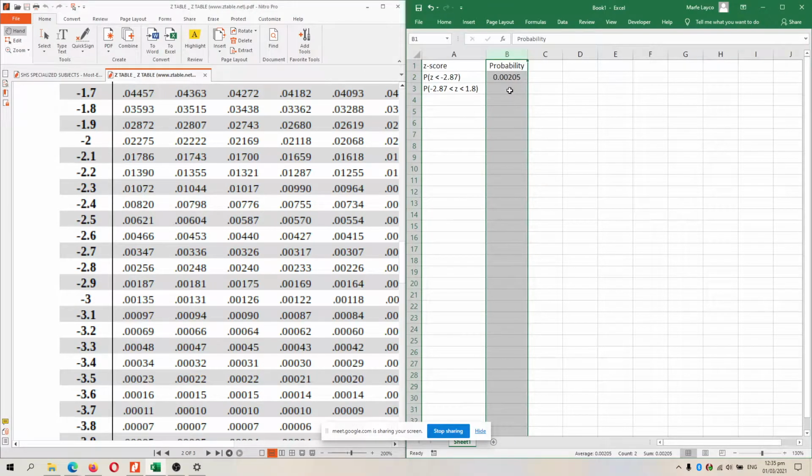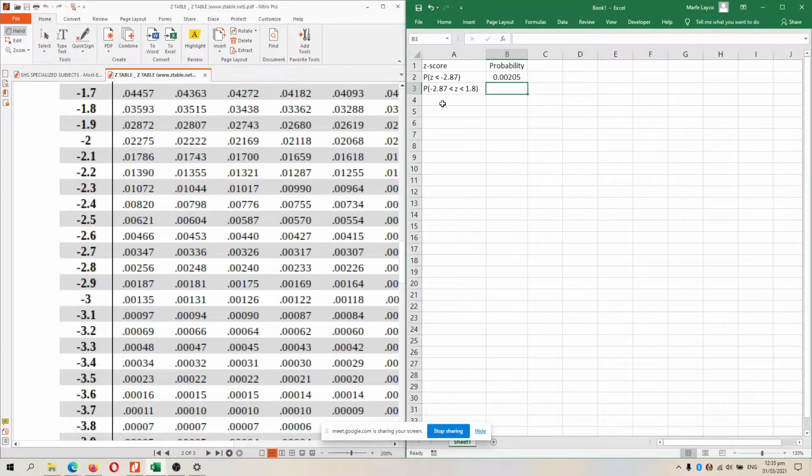So, again, gamitin lang natin 2.87. Ano yung probability ng 2.87? So, 2.87, we have 0.00205.